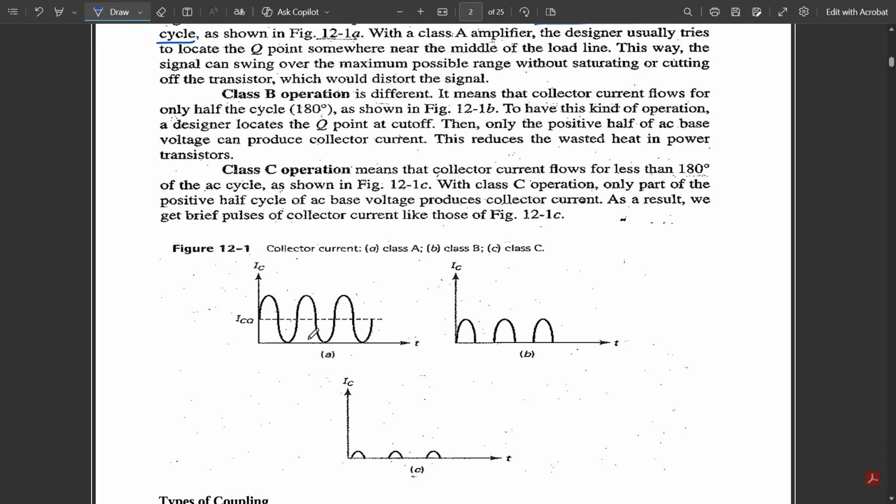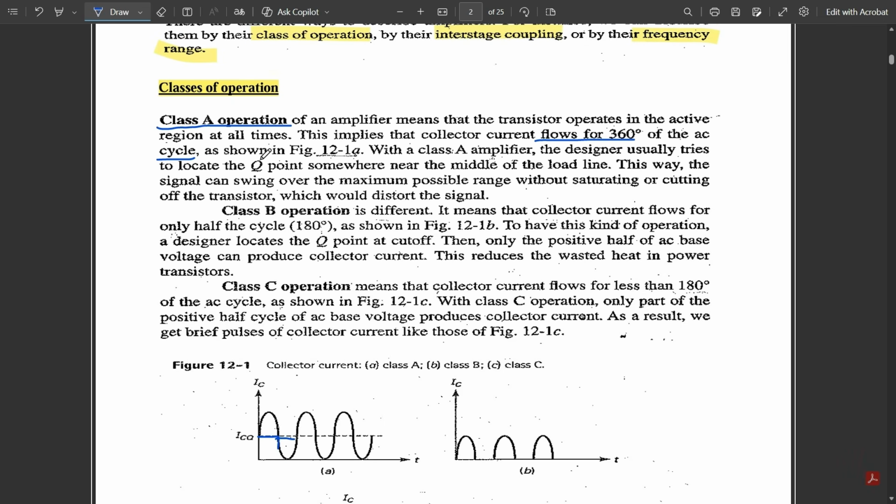This is the complete AC signal, and the complete 360 degree waveform is obtained. Starting from here it goes to the positive cycle of 180 degrees, then this is the next 180 degrees of the negative cycle. Totally, a complete 360 degree cycle is obtained.